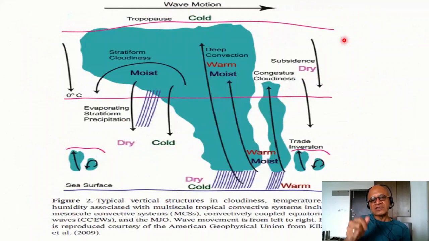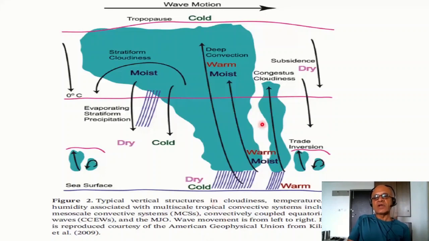Looking at the typical vertical structure which is associated with the MJO convective phase or mesoscale convective systems, this is a conglomerate. So this is the cloudiness, temperature, and humidity associated with the multiscale tropical convective systems, which include the mesoscale convective systems, smaller scale ones, convectively coupled equatorial waves, CCEWs, eastward propagating Kelvin waves, westward propagating Rossby waves, and of course the MJO.